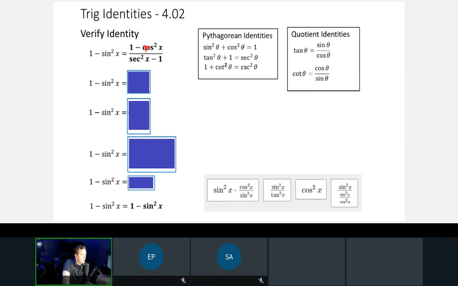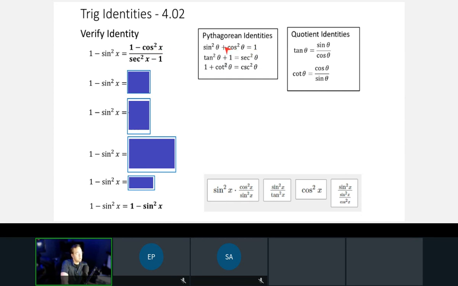So if you do the math from step 1 to this first blue box, and you do it right, what you get should be one of the answers here to drag. All right, so looking at 1 minus the cosine squared of x all over secant squared x minus 1. Why does everything look blurry? That's why. We want to probably use the Pythagorean identities. Now, 1 minus cosine squared x.